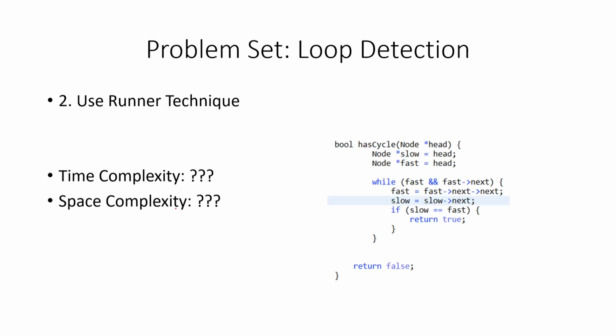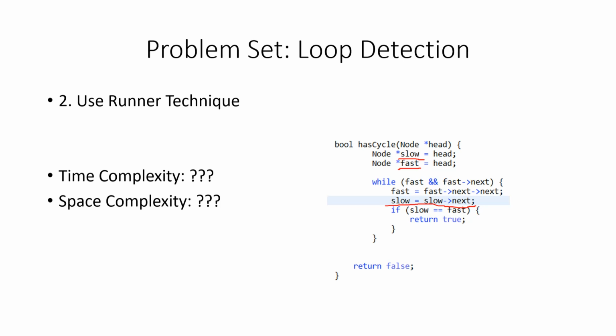And next, we can again use the runner technique. The same technique applies for this problem also, where we have 2 pointers. One is slow, the second pointer is fast, and the fast one runs twice as fast as the slow one. If we have 2 pointers with different speeds, at some point they will meet at some node.